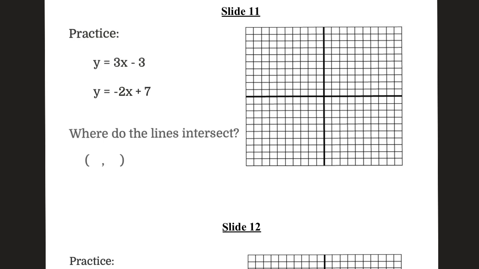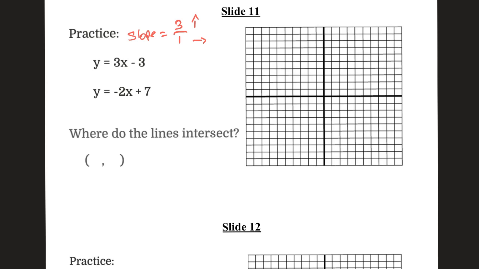For this top equation, I know I have a slope of 3, or 3 over 1, which means I'm going to go up 3 and to the right 1.